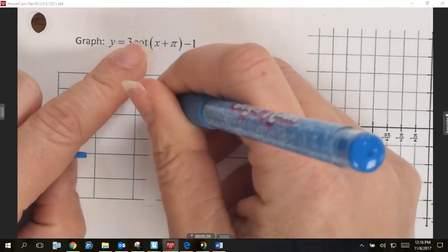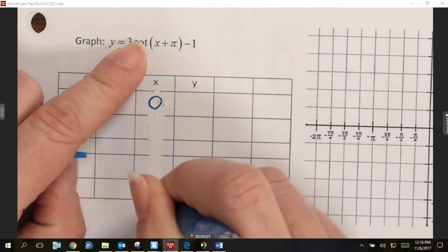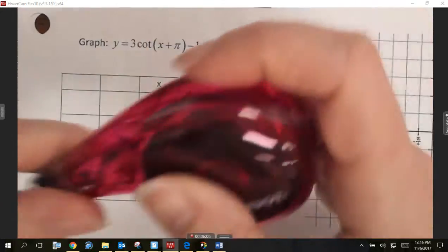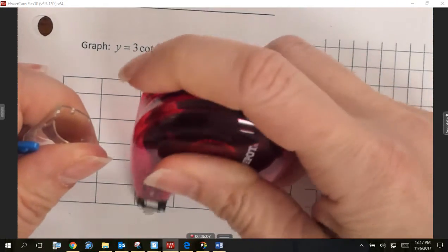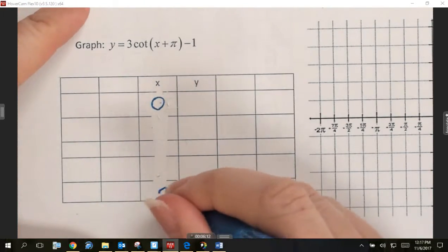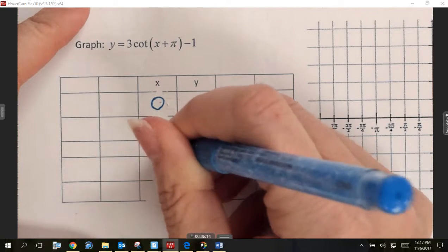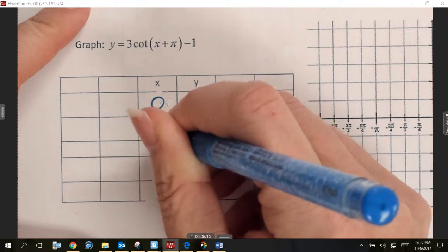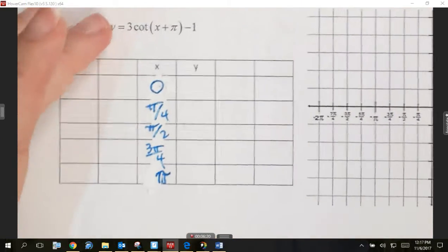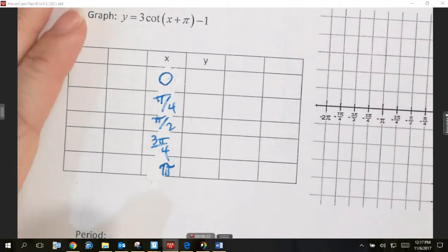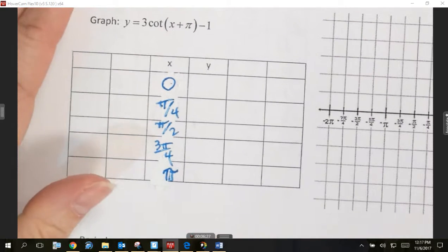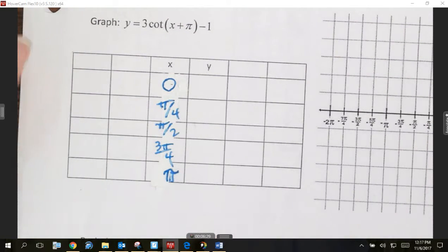This is cotangent, and cotangent goes from 0 to pi. 0 to pi, pi over 2 is the middle, pi over 4 is in between. So I apologize ahead of time. I went too fast and I just copy and pasted, and it wasn't what I was supposed to do.